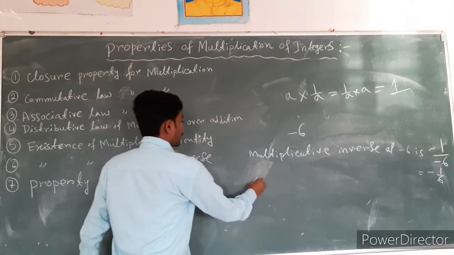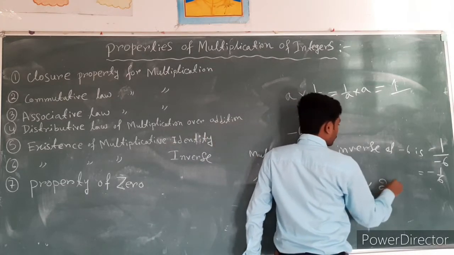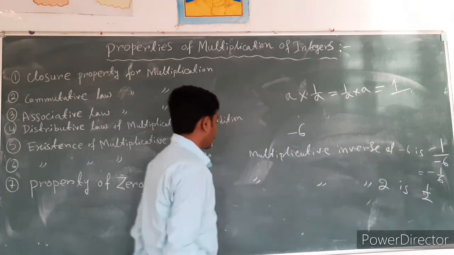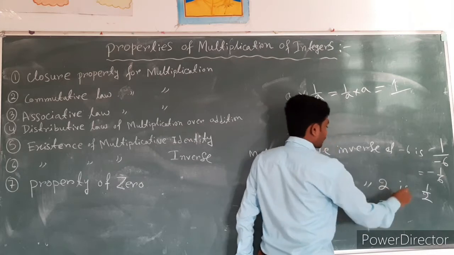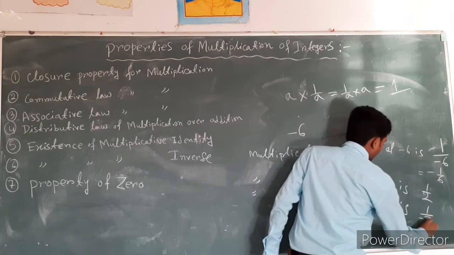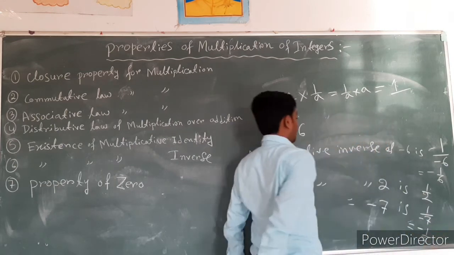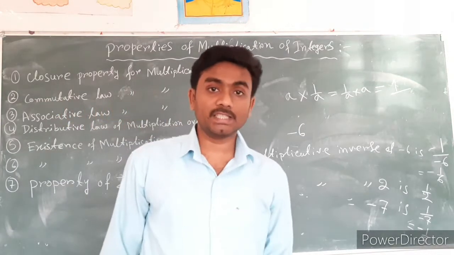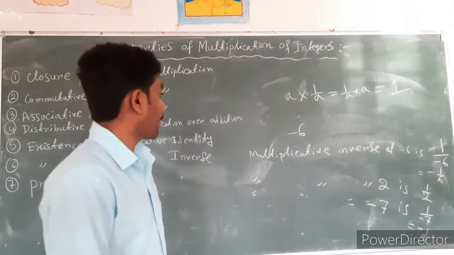So the multiplicative inverse of 2 is 1 upon 2. The multiplicative inverse of minus 7 is 1 by minus 7, that is minus 1 by 7. So the multiplicative inverse of any integer will be the reciprocal.